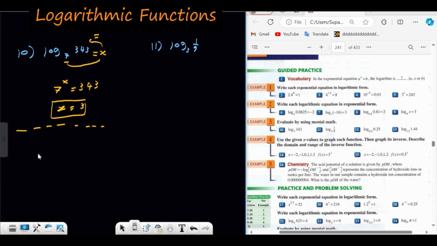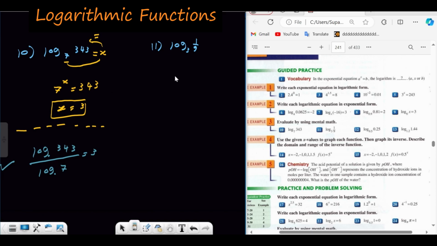For example, we can immediately write log of 343 over log 7. We change the bases to 10. So we change them immediately by a calculator, which equals 3. This is easy. I recommend you use this way if you have a calculator.